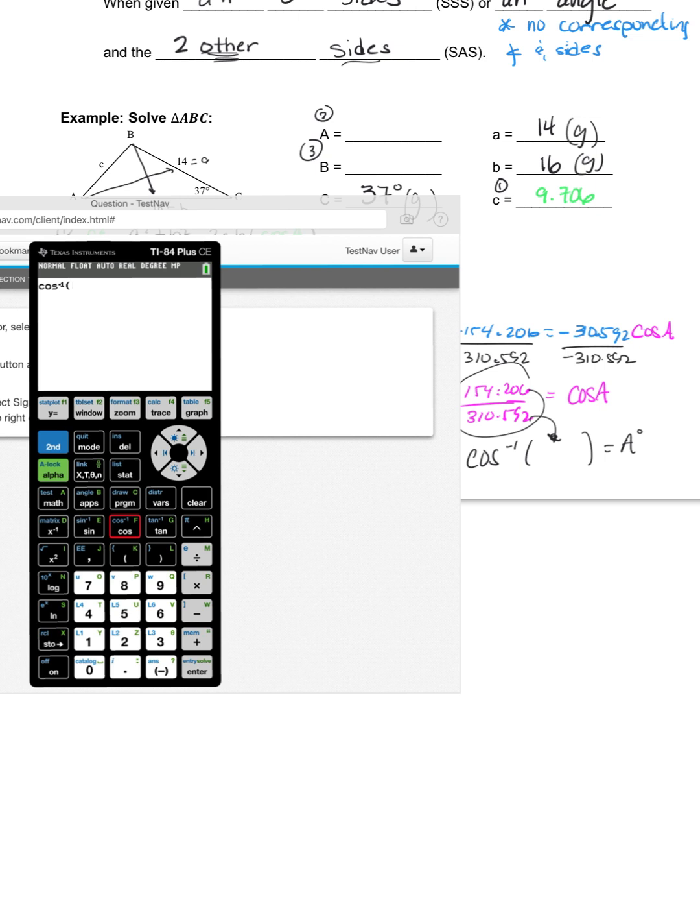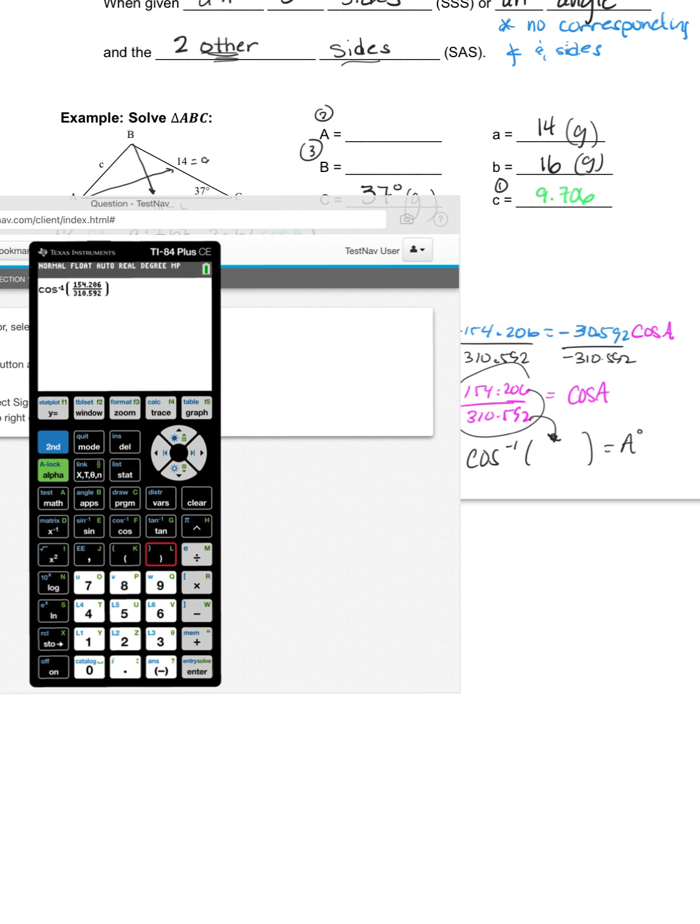Again, I'm just going to always do a fraction key. So it's 154.206. Now this number in here should be positive. Even if you put the negatives in there, it'll change it to a positive. But sometimes your calculator can get finicky. It doesn't like that. Your answer should not be negative because we don't have negative angles. So if that happens, you'll get an error anyways.